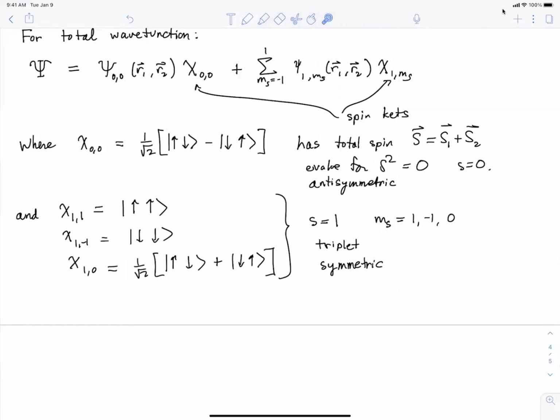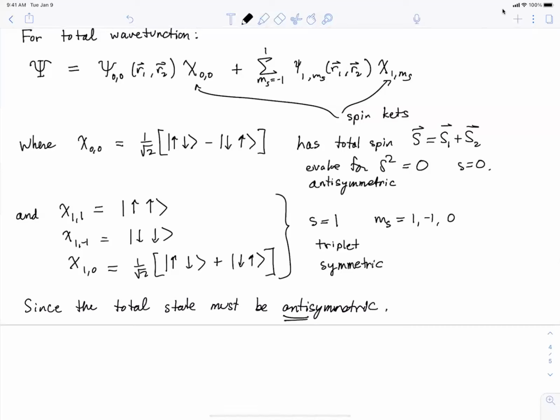But we have to be careful to apply our postulate about symmetrization, or in this case, antisymmetrization. So since the total state must be antisymmetric, because electrons are fermions and they're identical particles here. Okay, so antisymmetric.